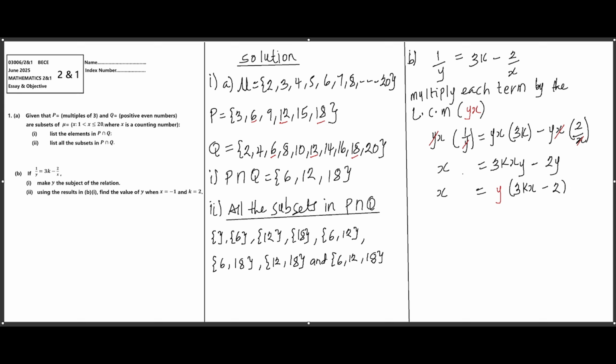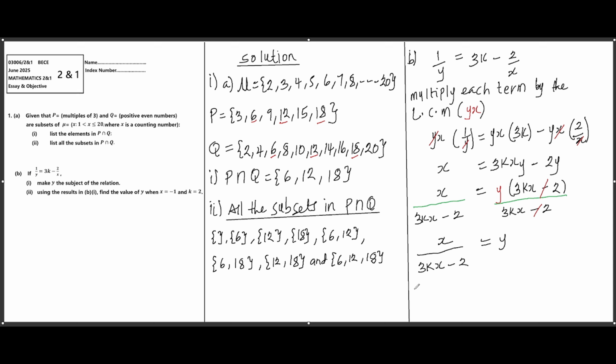So the next step, we are going to divide each term by 3kx minus 2. So these two will cancel out. We are left with x on 3kx minus 2. So this is equal to y.